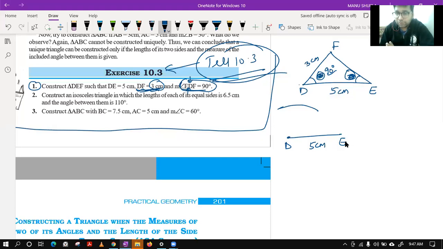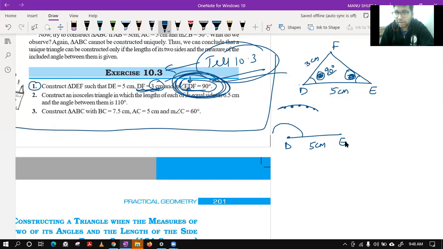Yes. After that, we want to find the point F. Where to find F? Is F over here or here? We don't know. We only know one thing, that F lies on this arc, but where, we don't know. For that only we are going to make the angle 90 degree like this.